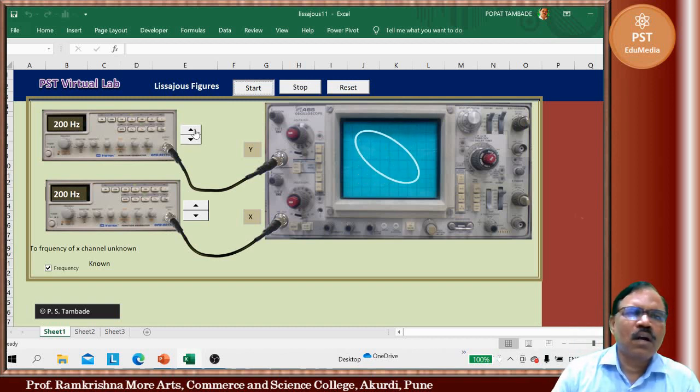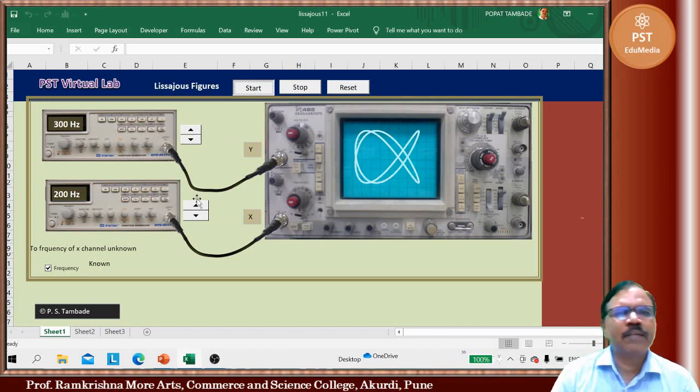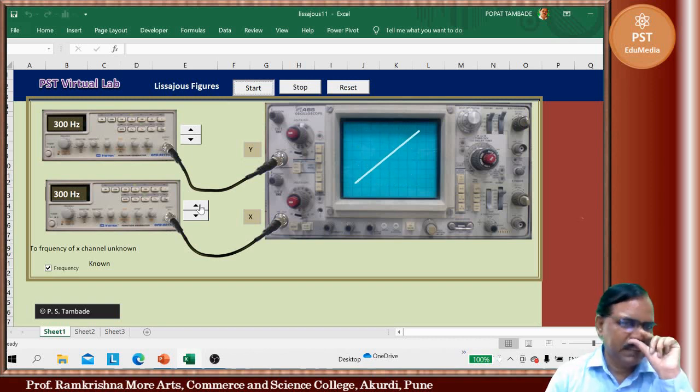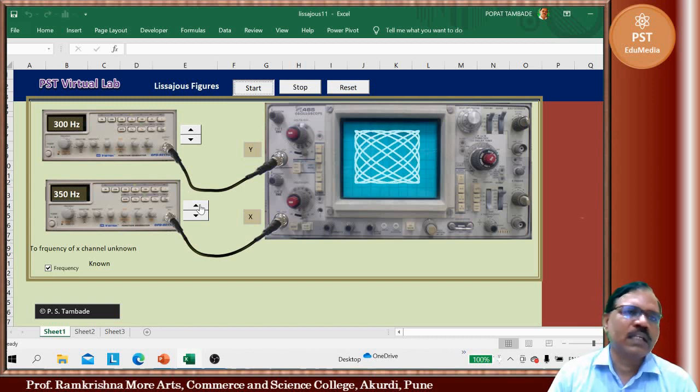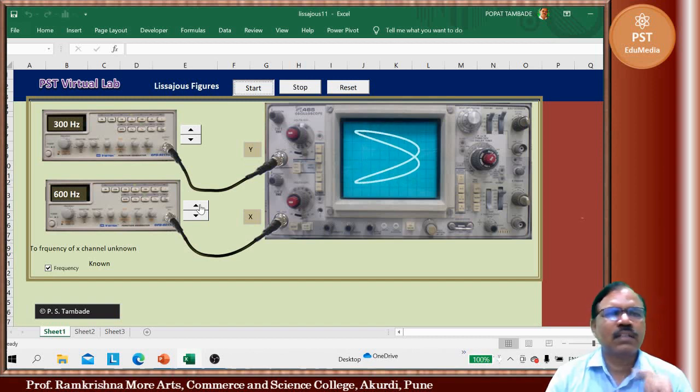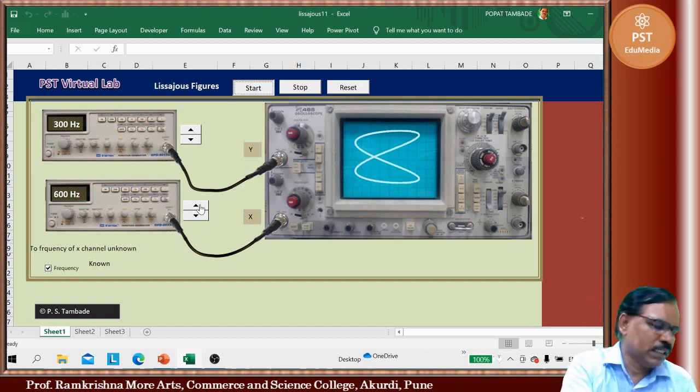Now I will change this frequency. Suppose we take this as 300 and go on changing this. So see here, the frequency ratio is 300 1:1. So we got a circle. Now 600 upon 300, so the frequency ratio is 2:1.